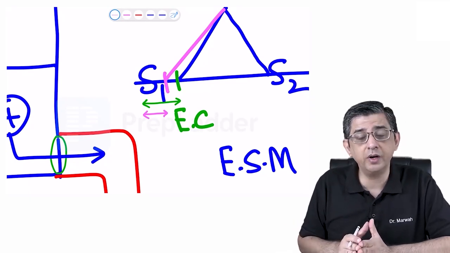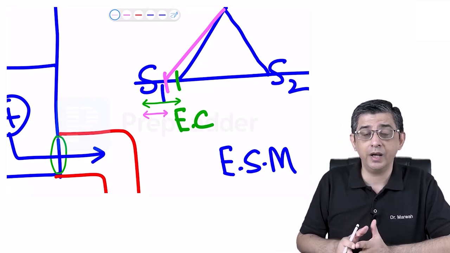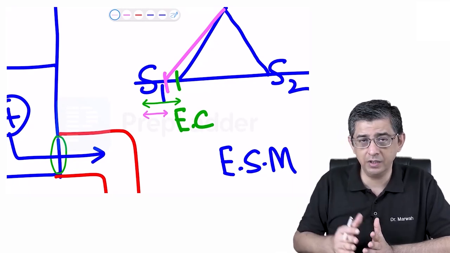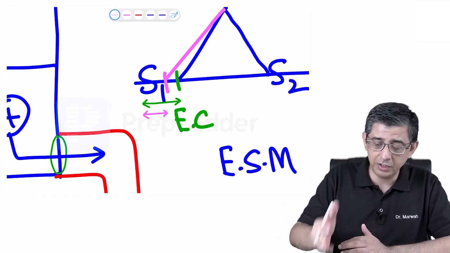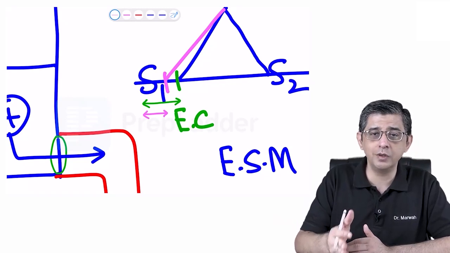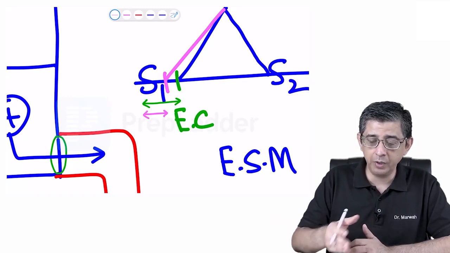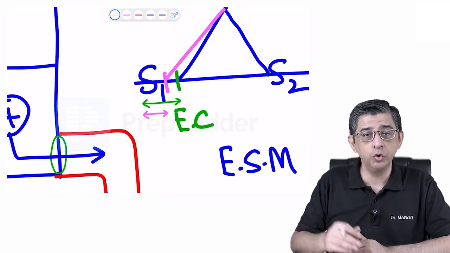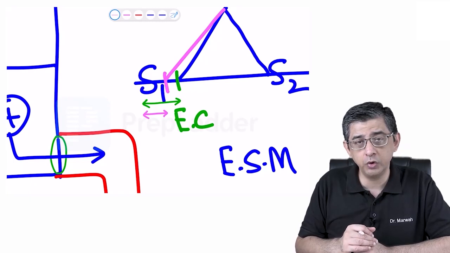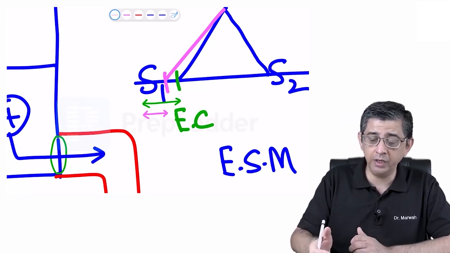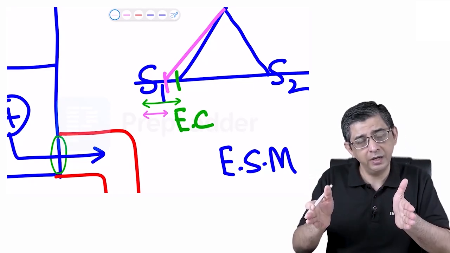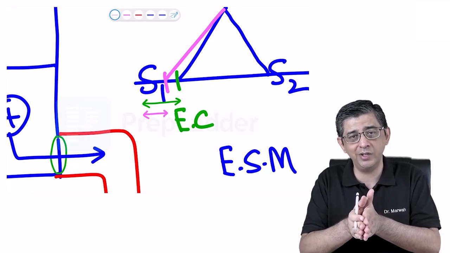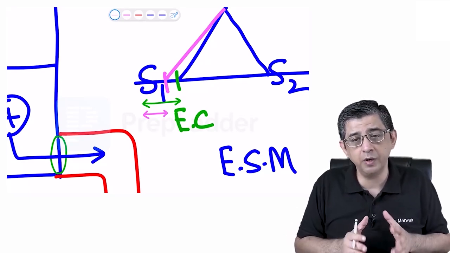So the gap will reduce, and it is no big deal that as the severity increases, in carcinoid syndrome, where the 5-HT derivatives are flowing into the right side of the heart, the ejection click will keep on coming closer to S1, and the murmur might start even from S1. So you will notice that many times when I'm showing an ejection systolic murmur, I begin it right from S1, because in the severe variety, the gap between S1 and the ejection click keeps on reducing, so the murmur tends to take off even from S1 as well.